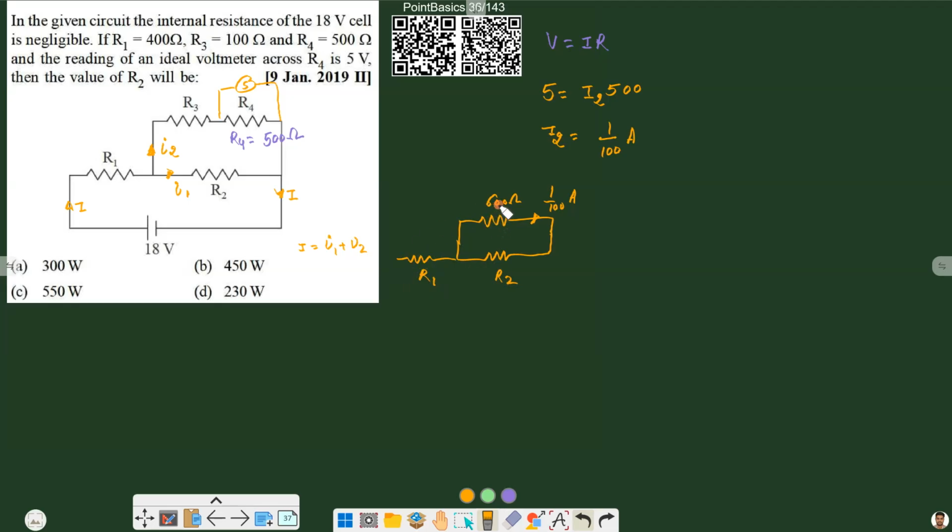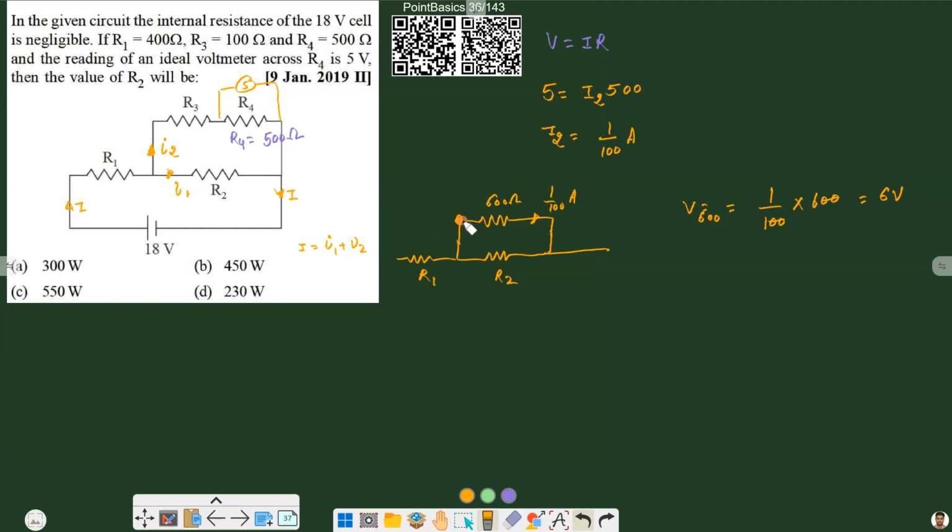Now we know the value of resistance here, 600 ohm, and the value of current, and using both of these we can get the potential drop across this resistance. So V across 600 ohm will be I times R. I is 1 by 100 and R is 600, so this will be 6 volts.